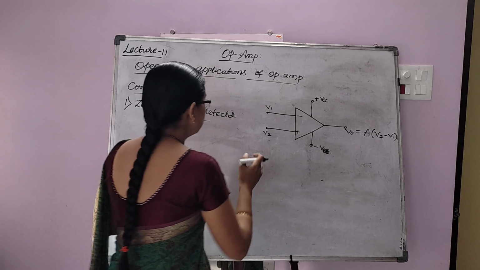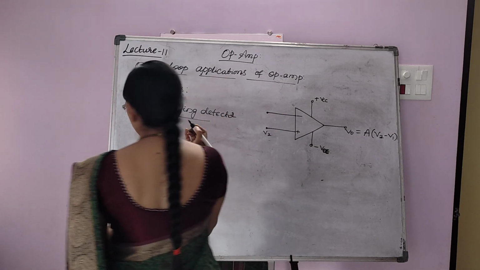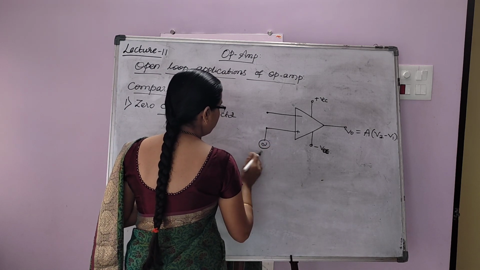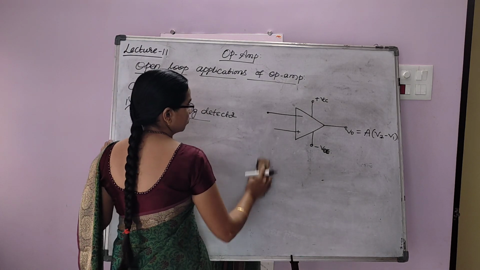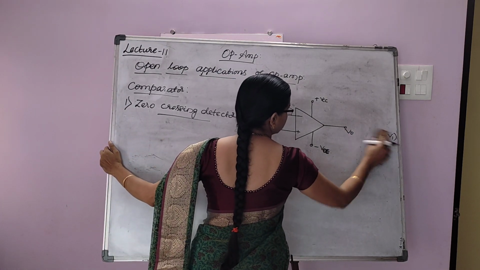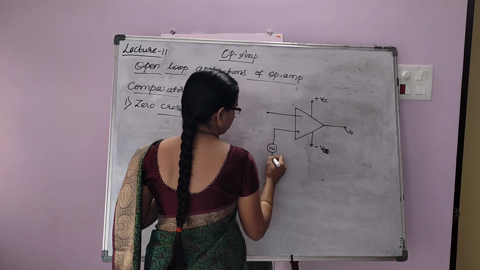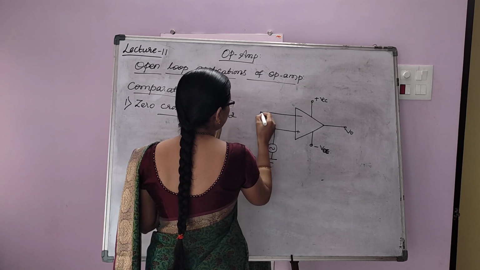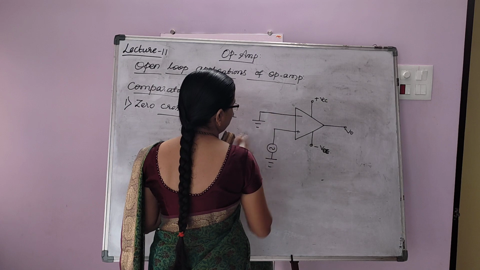In the zero crossing detector, the input signal is given to the non-inverting terminal of the op-amp. The inverting terminal of the op-amp is grounded, that means it is at zero potential.